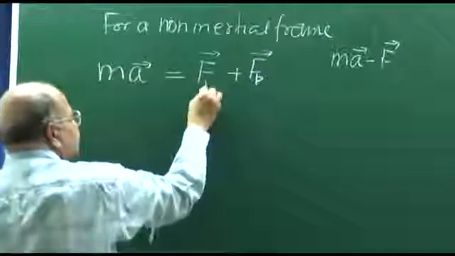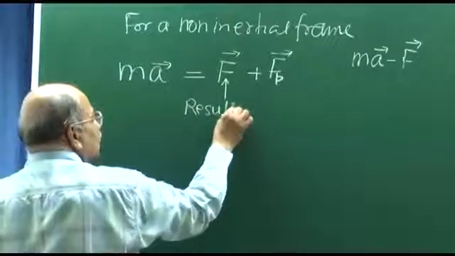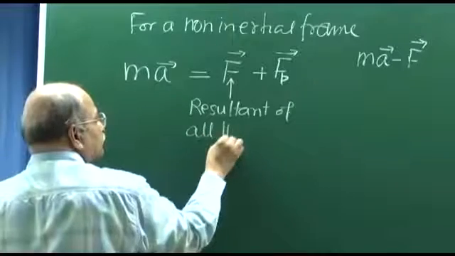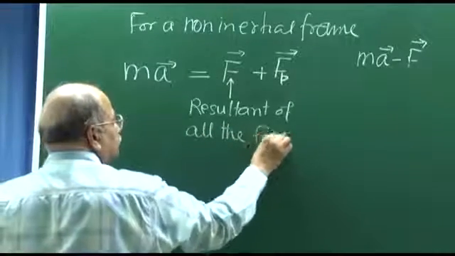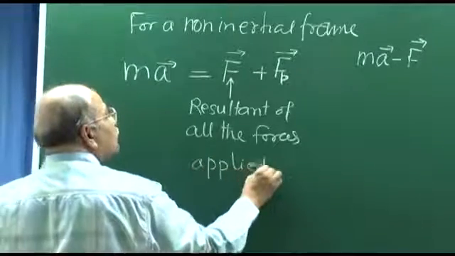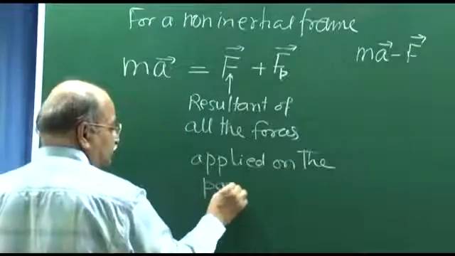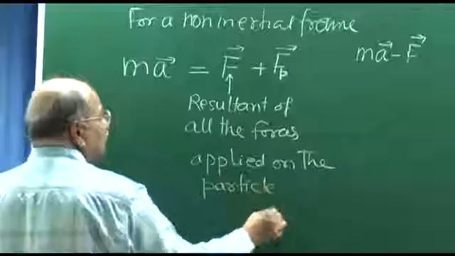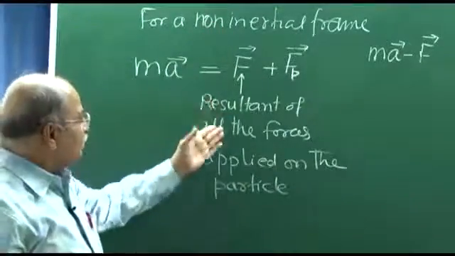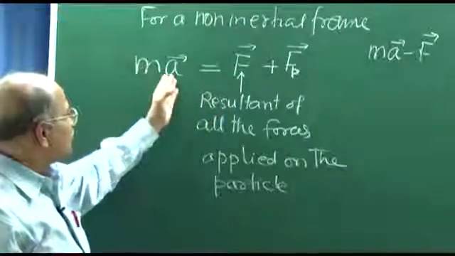So, this force is the resultant force, or resultant of all the forces applied on the particle, and if this frame is non-inertial, the resultant of all the forces applied on the particle is not the same as mass times acceleration.